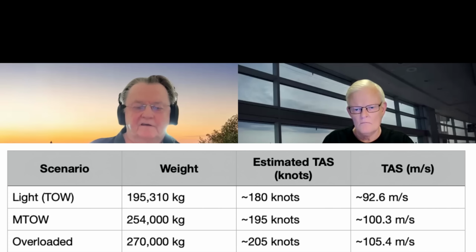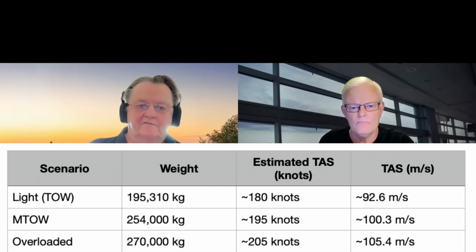And the airspeed increases from around 180 knots to 195 knots if it was at maximum takeoff weight, and to 205 knots if it was overloaded. And a heavier aircraft must fly faster to maintain the same lift to drag ratio and angle of attack.